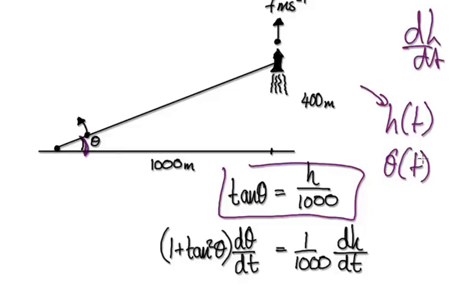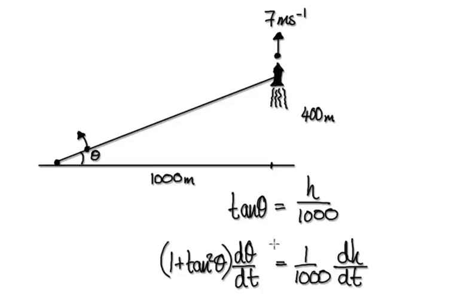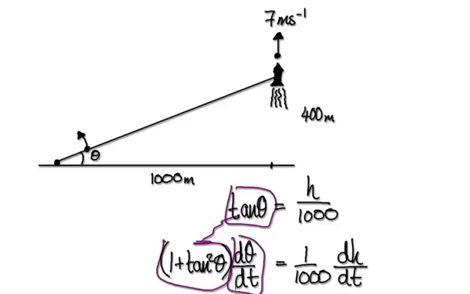And when you differentiate theta, because theta is a function of time, you need to stick d theta by dt. So back to here, you would find the formula that connects everything. You would differentiate this, that would give you this, and then because theta is a function of time, you would stick d theta by dt.